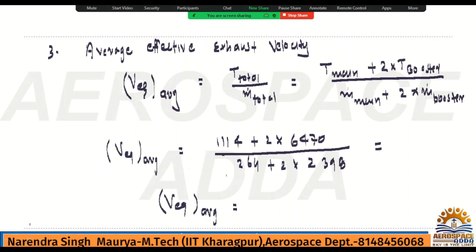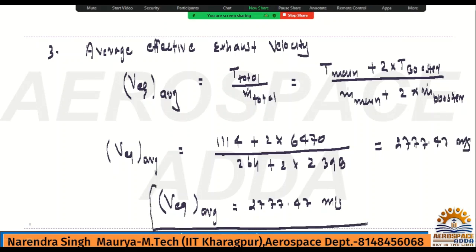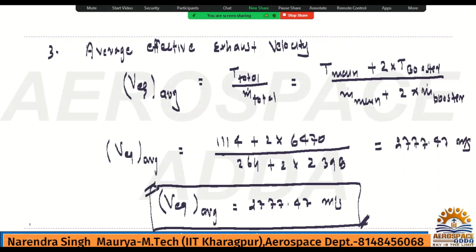So this value you are getting here, 2777 meter per second. So this value was required. And remember, whatever the amount of thrust, it is in kilonewton everywhere, 1114, 6470.